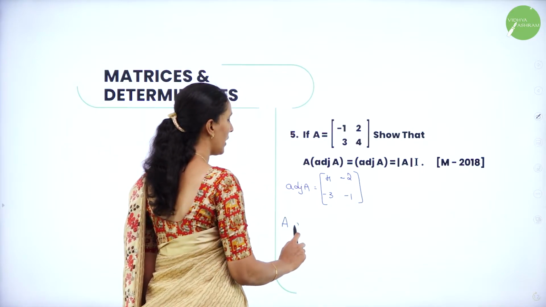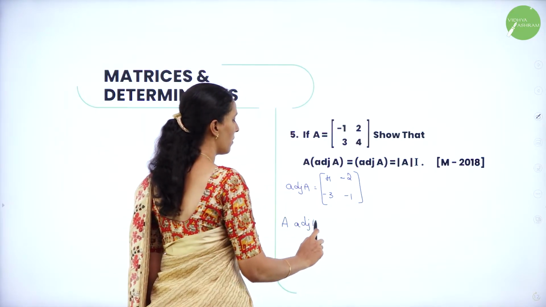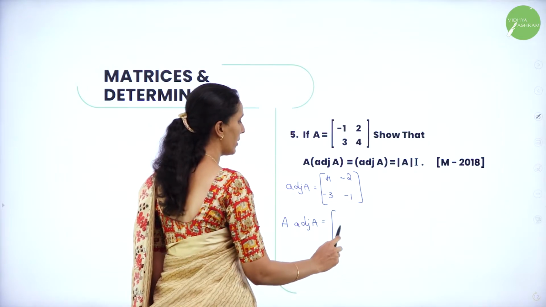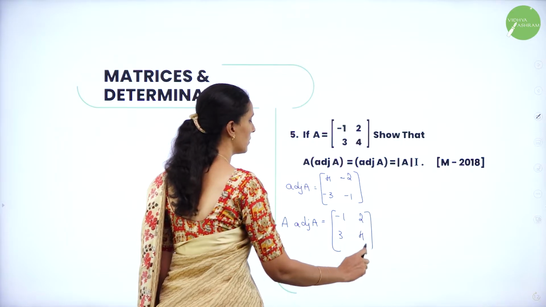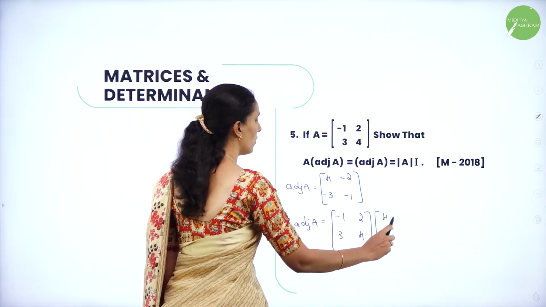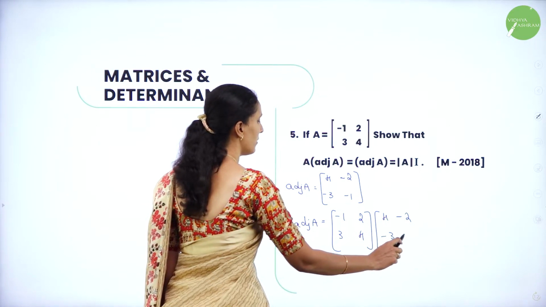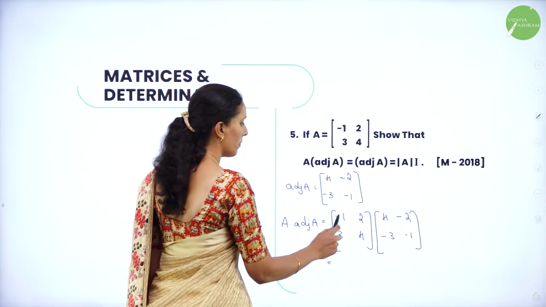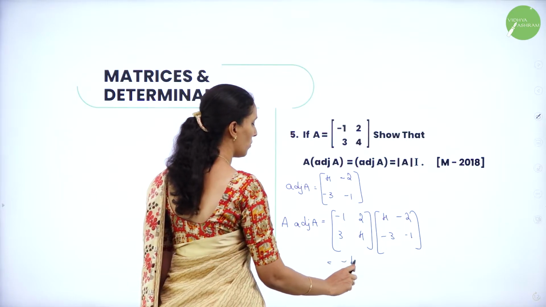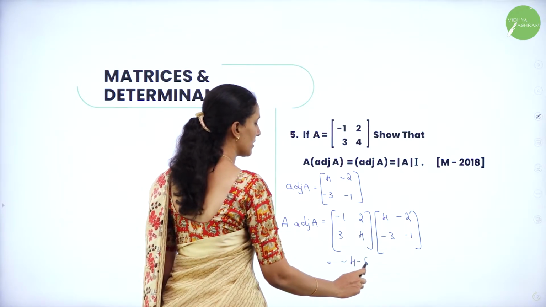Now, let's check A into adjoint A. What happens for A into adjoint A? Minus 1, 2, 3, 4 into 4, minus 2, minus 3, minus 1. Now, let's see it. Minus 1 into 4 is minus 4, 2 into minus 3 is minus 6.